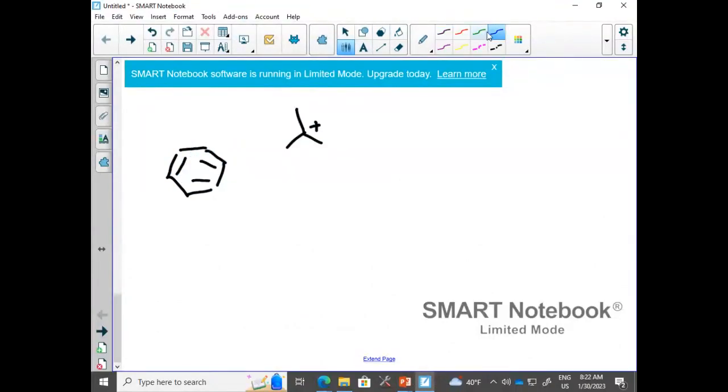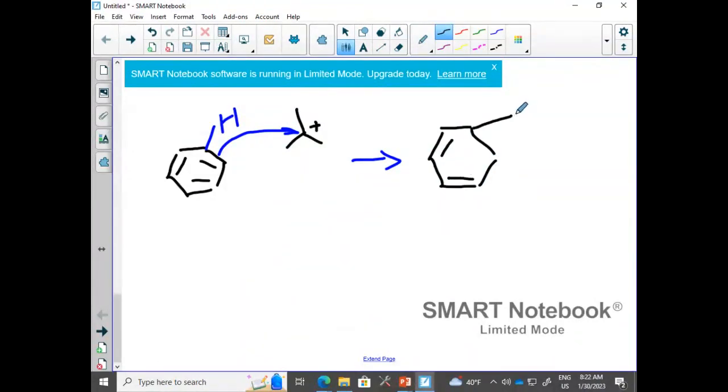This pair attacks here, and the pair becomes the bonding pair between the ring and the electrophilic carbon on the carbocation.